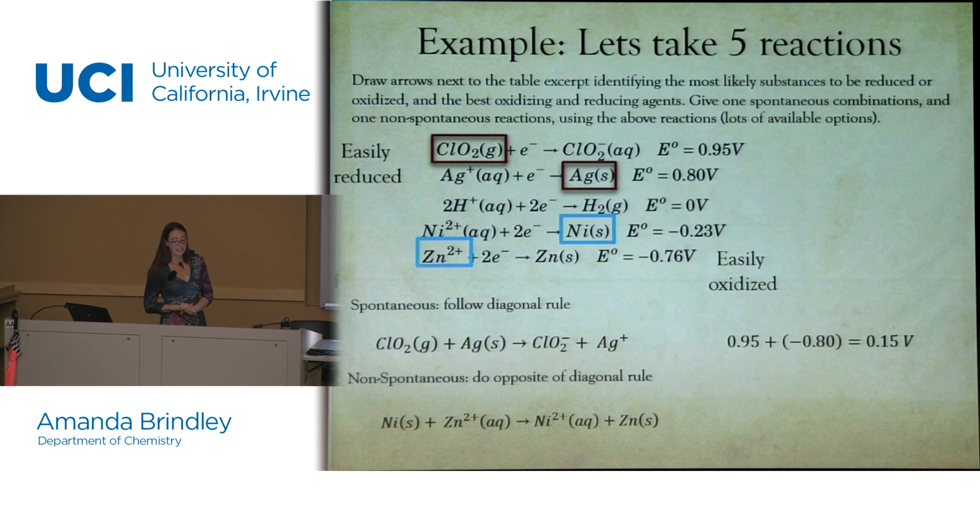Which one is going to be our cathode for the non-spontaneous one? Is it the zinc or is it the nickel? It's the zinc. So this one we fill in as is, with the negative. You don't flip-flop it.